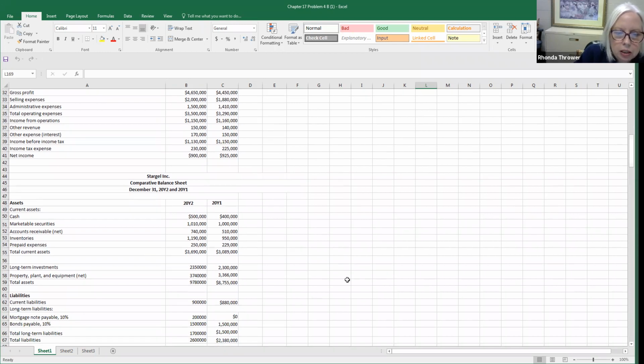So what we're going to be looking at is the beginning assets, which would be the ending assets for 2001, plus the ending assets for 2002. Then we're going to take the sum of those and divide it by 2 to find the average total assets.